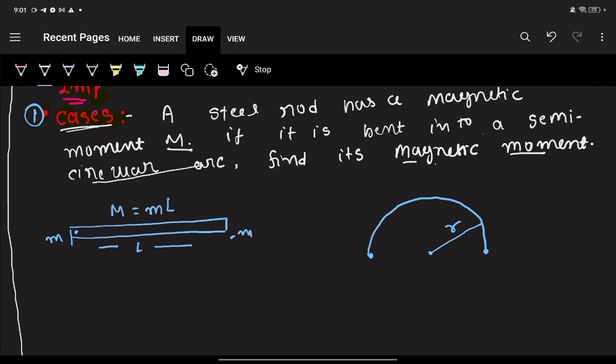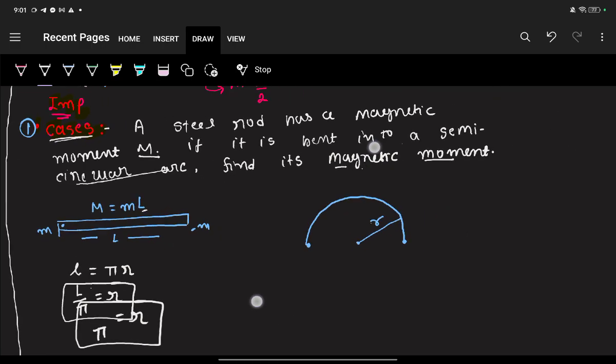First of all, let's find out the value of this radius r. We know that the perimeter of this semicircular arc is equal to pi into small r, and the original length was capital L. So L by pi will be the radius of this new semicircular arc.